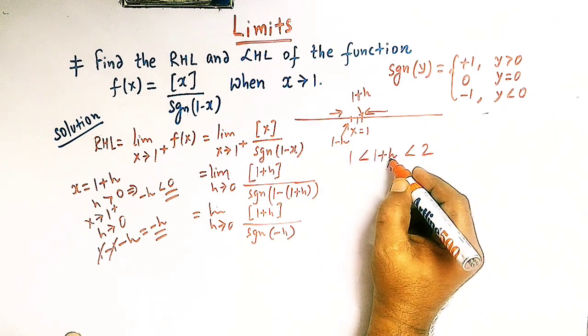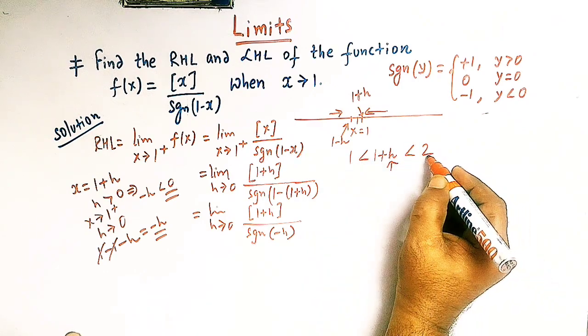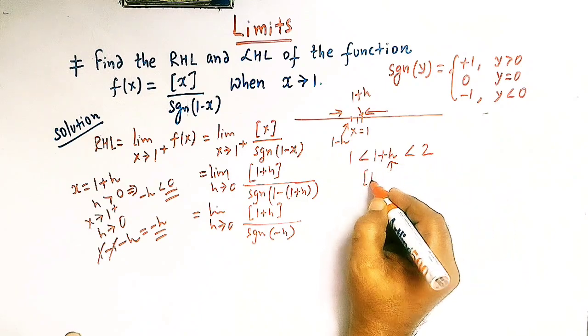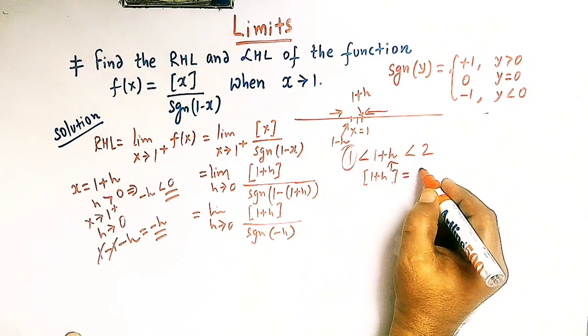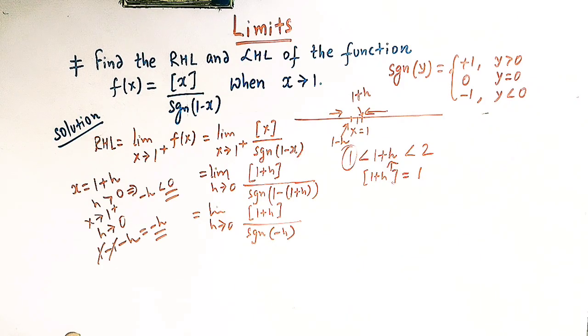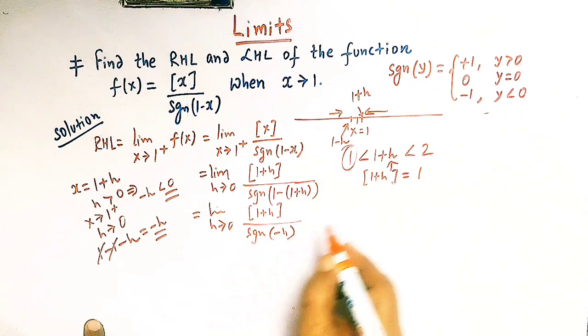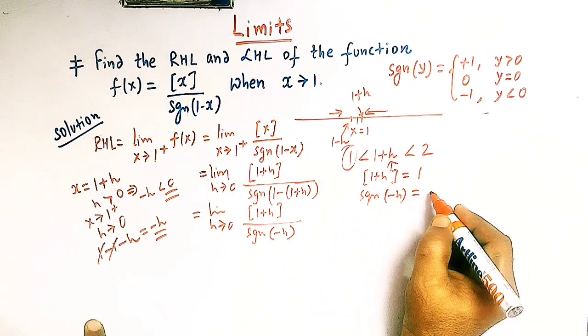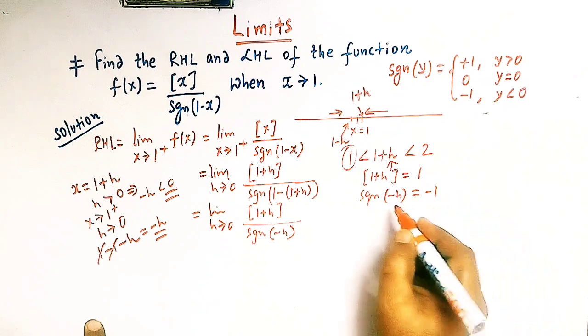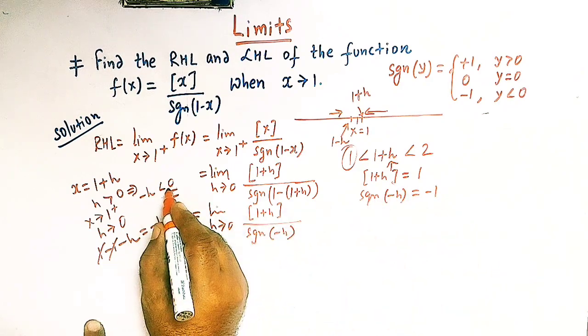So the greatest integer of 1 plus h should be equal to 1 by the definition of the greatest integer function, right? And signum of minus h is equal to minus 1, because minus h is less than 0.